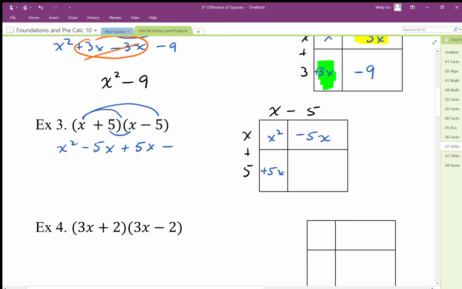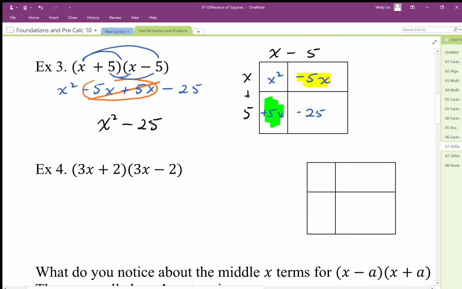And then positive times negative, and 5 times 5, so it gives us our negative square. Here again we have our pairs that cancel out. There's our 0 pairs. In our diagram we have the opposite symmetry here, so the 0 pairs disappear. These two areas cancel out and we end up with 2 squares, and 2 squares together do not make a square. When we put it together, we end up with x squared minus 5 squared. So there's our difference of squares.